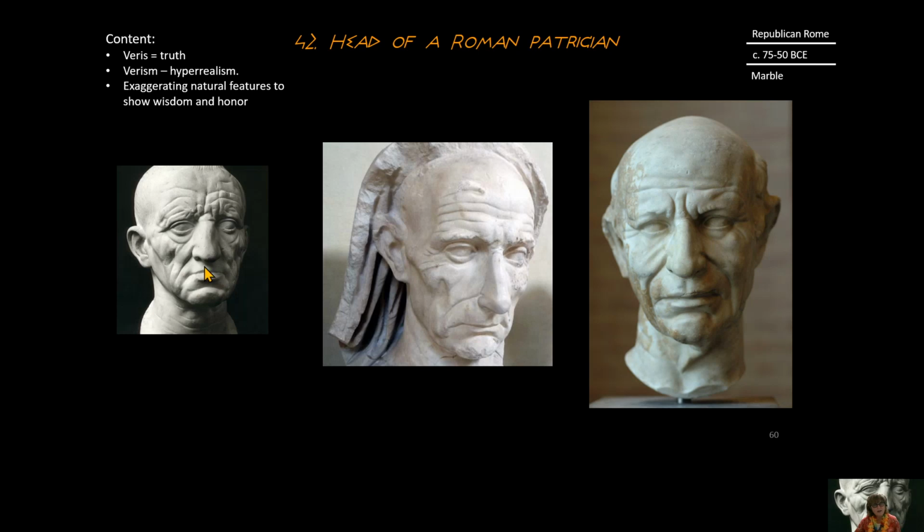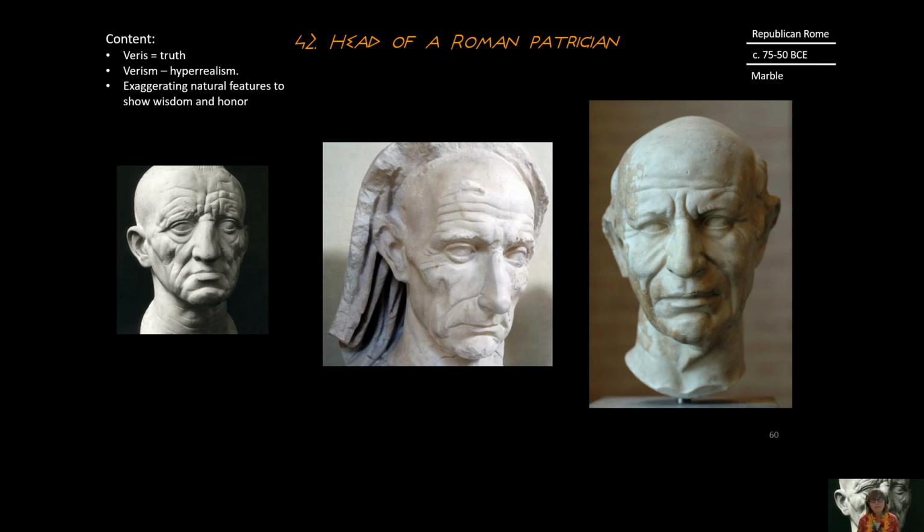So what's interesting about these masks, or head portraits, is that they didn't always just give an exact likeness of somebody. I mean, you knew who it was, but there's this Latin word, verus, which means truth.